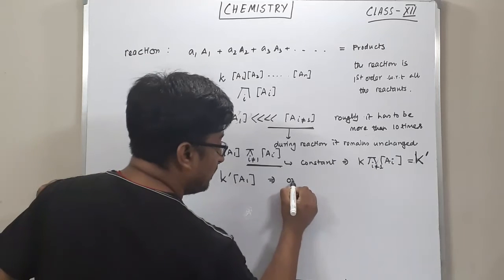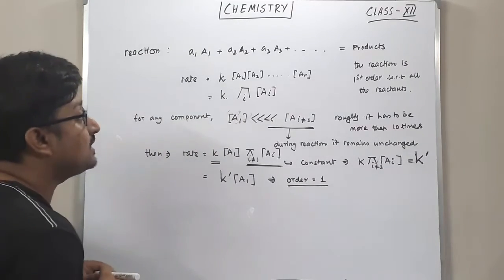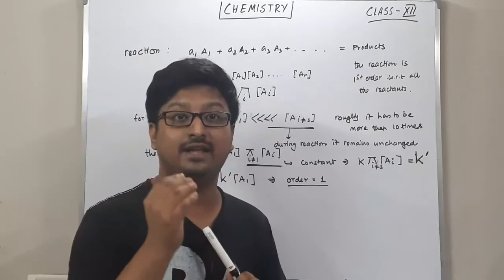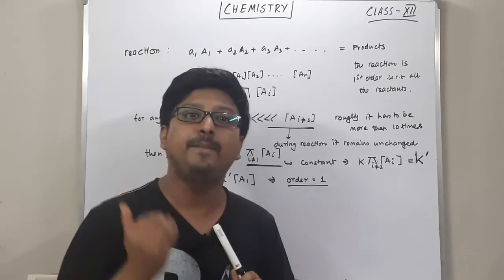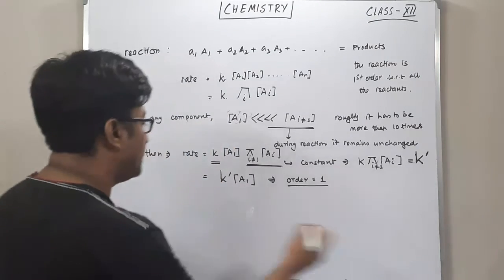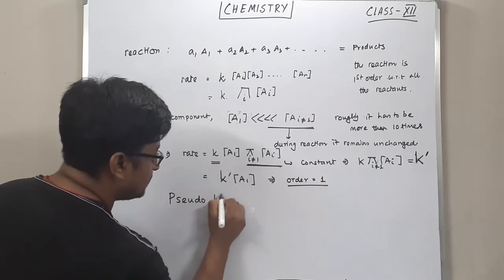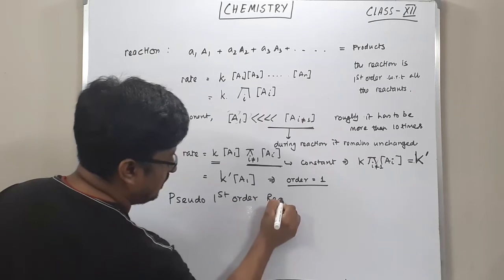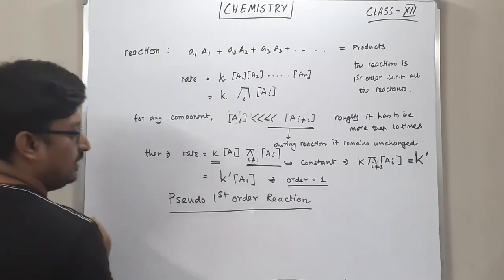The new order of the reaction is 1. So these kinds of reactions are called pseudo first order reactions. It is not a first order reaction, but it appears to be a first order reaction.